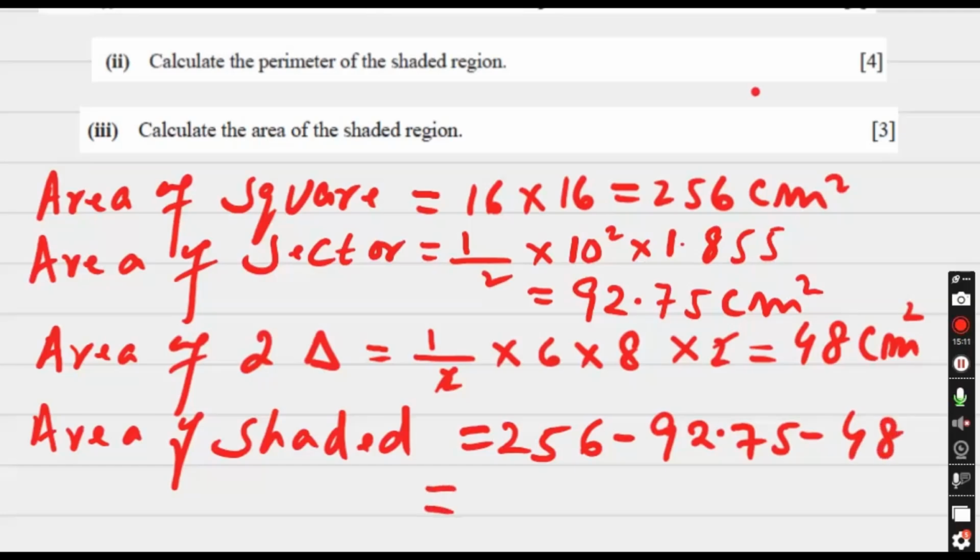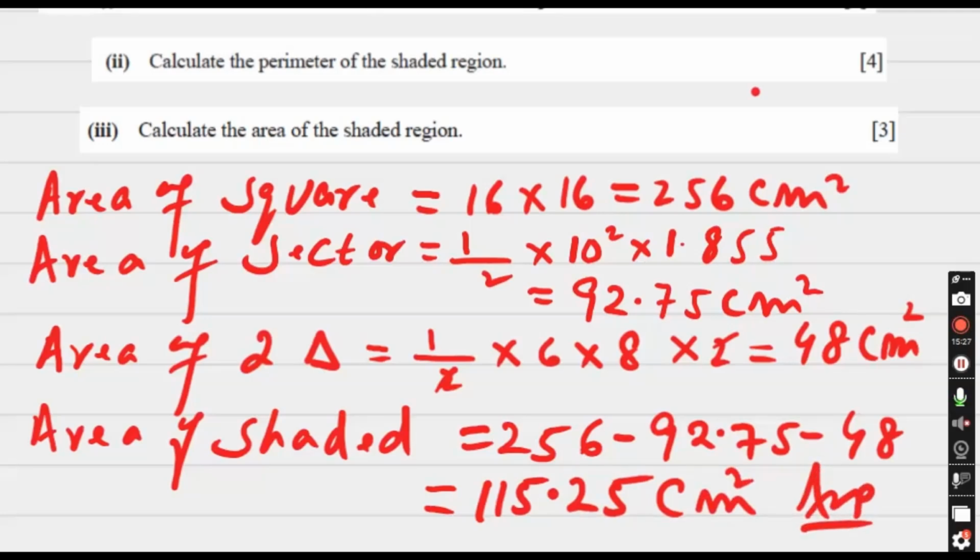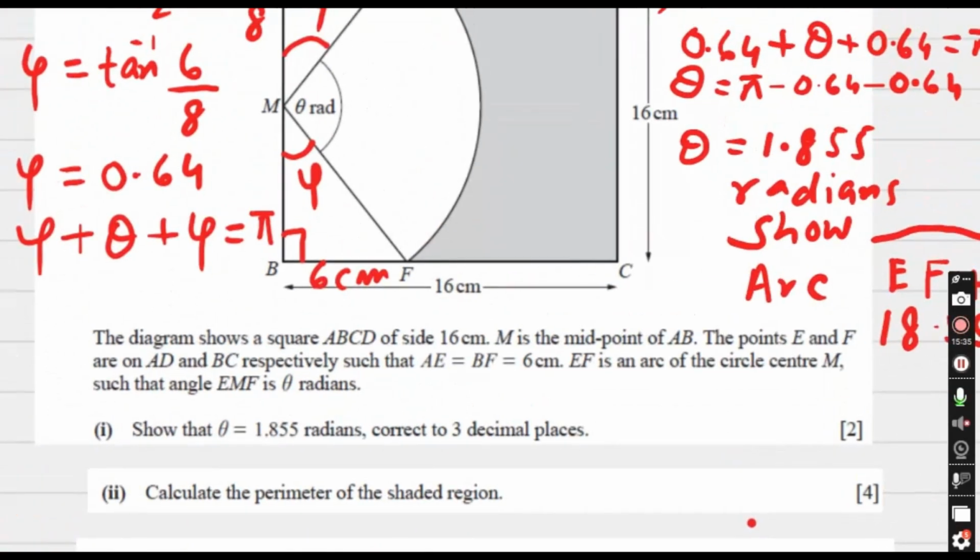Use your calculator to find the final answer, which is 115.25 cm square. Answer.